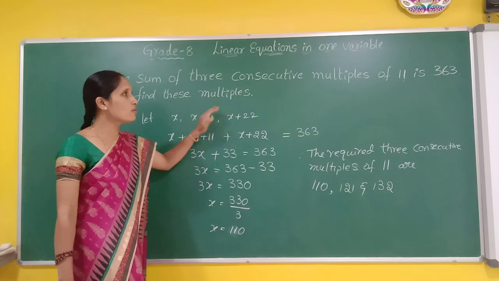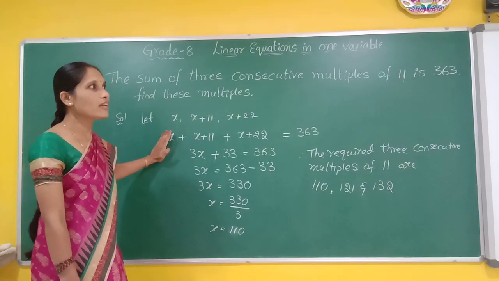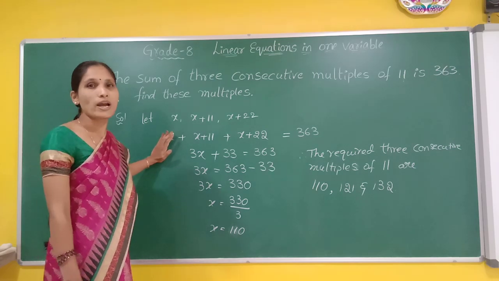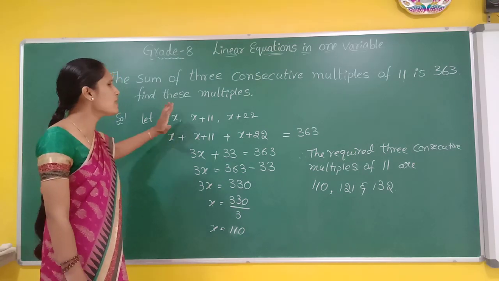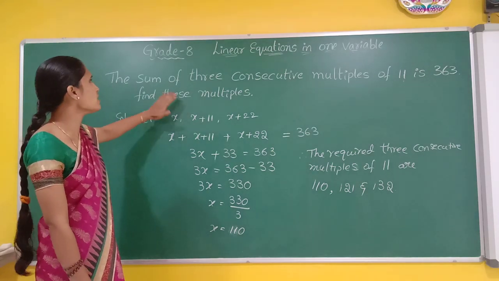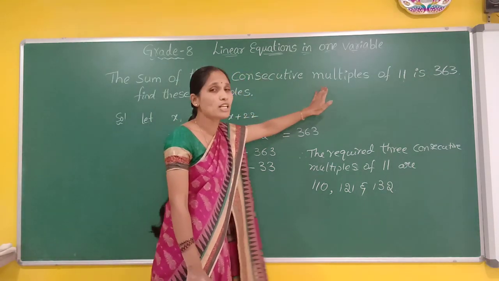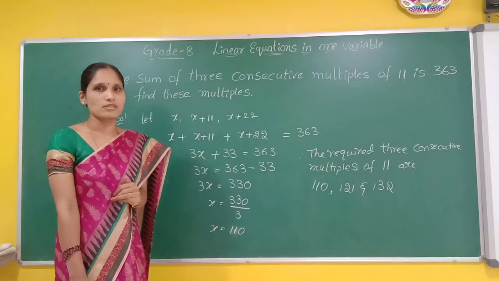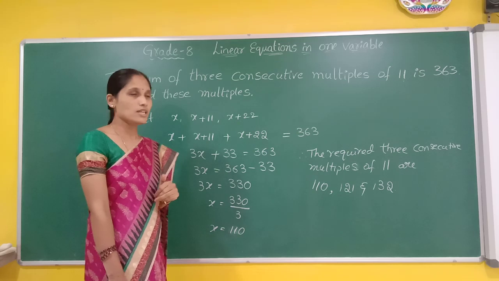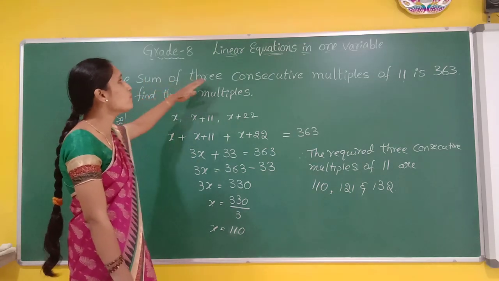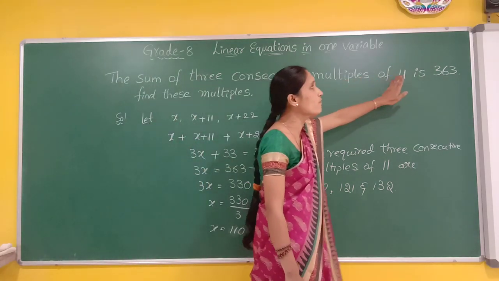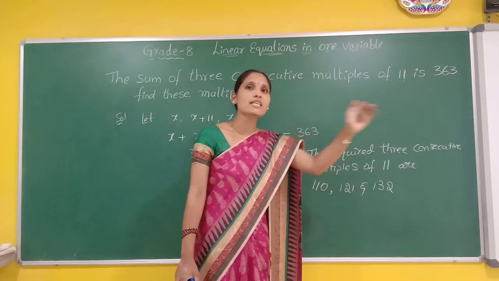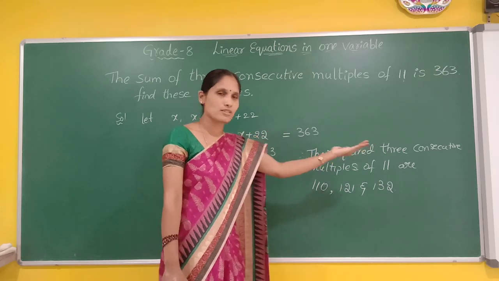Okay children, now see a similar problem given in exercise 2.2, 7th sum. The question is: the sum of 3 consecutive multiples of 8 is 888. Find these multiples. I repeat the question, listen. What is the first step?